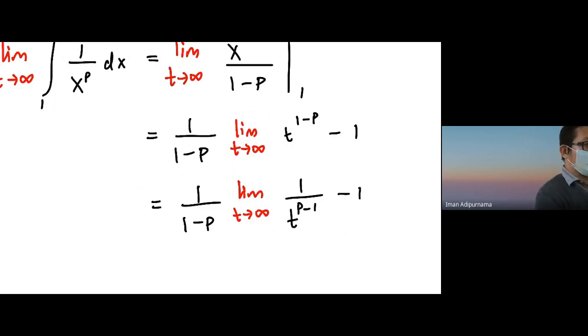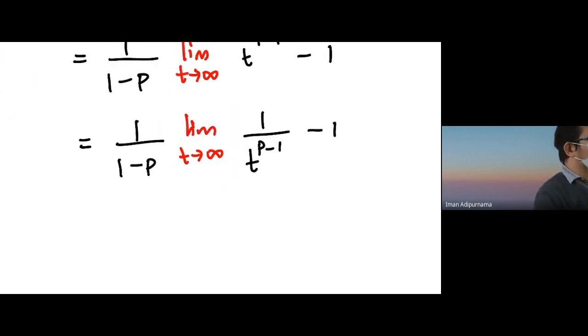Now from here, we can imagine what kind of p we will have. So if p is greater than 1 or p is less than 1.